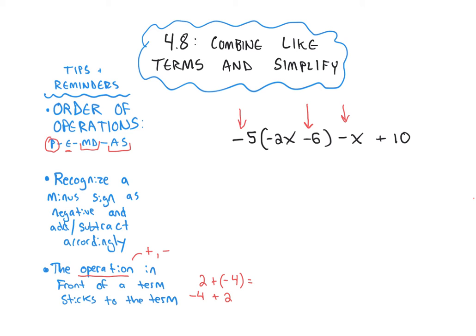Both of these will result in an answer of -2. Those are equivalent expressions. But the important piece is that if we rearrange the order, those negatives stick to that number.